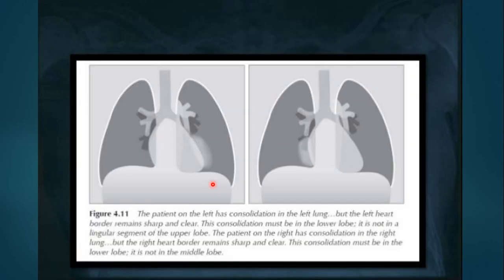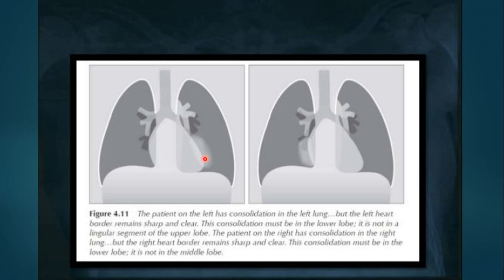For example, this is a diagram that shows a mass or a consolidation or an opacity, whatever you like, on the left side, and here the left heart border is not silhouetted, so it's the absence of the silhouette sign that helps us to know where the lesion is.